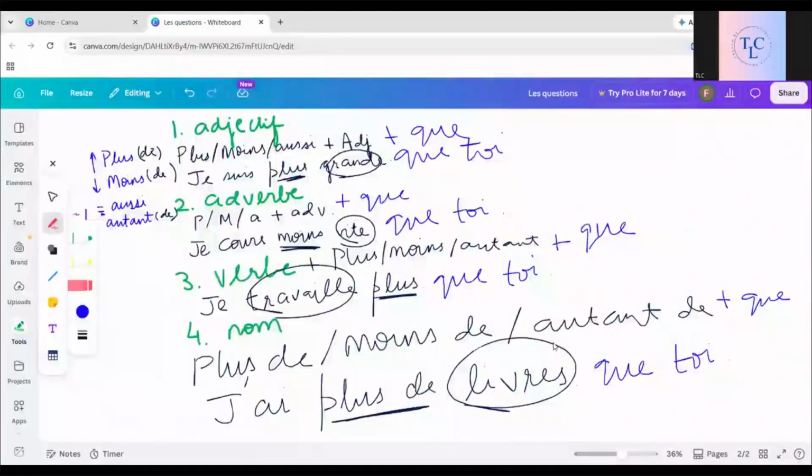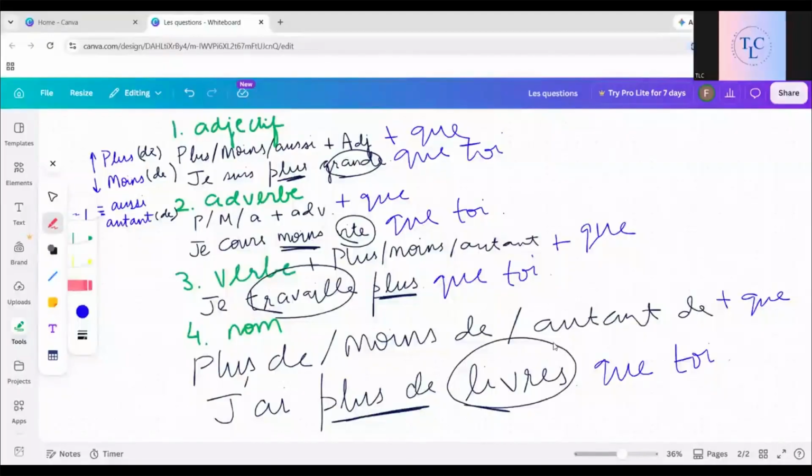These are placed after the verb. And then it will come naturally that you'll put the adjective or adverb after it or the noun after it. Just that one thing that you have to remember is you have to put the de if there is a noun after it. If you're comparing a noun. So these are a few examples.